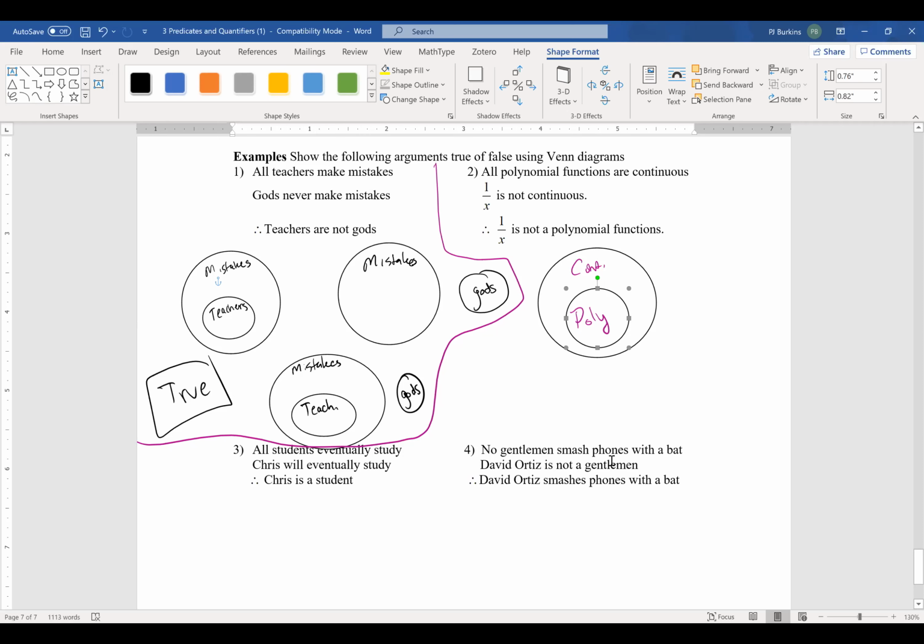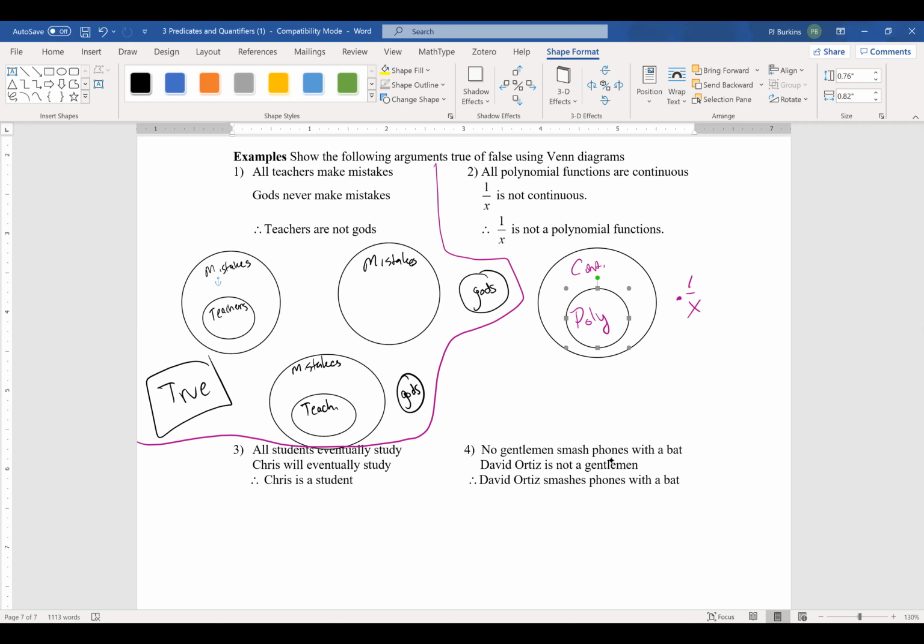And we don't have to always do each case. We can just put it all together now. So we've got continuous and polynomial. And then outside, we've got a very specific function, 1 over x, that is not continuous. Now the conclusion states, therefore, 1 over x is not a polynomial function.